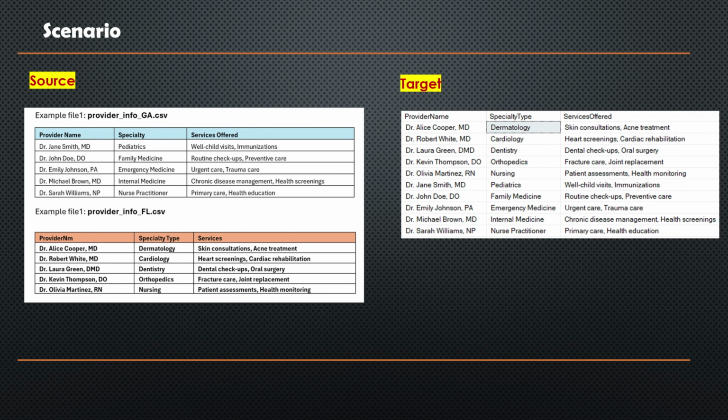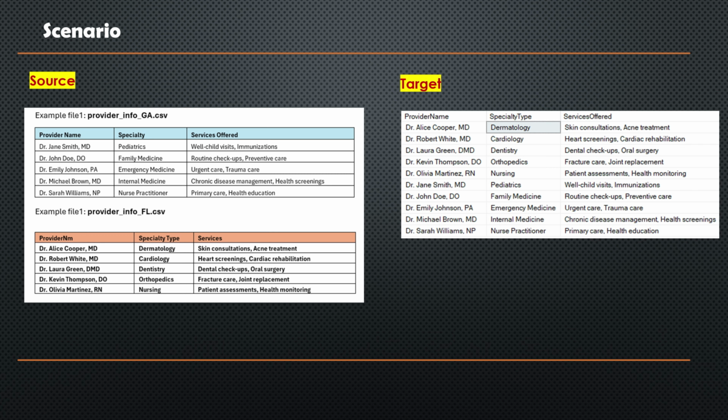Coming to the scenario, I have two files with the same structure but with different data and different column names, and I want to insert this data from the files into a table. The columns in the target table are slightly different from both files. This is how the sample file looks.